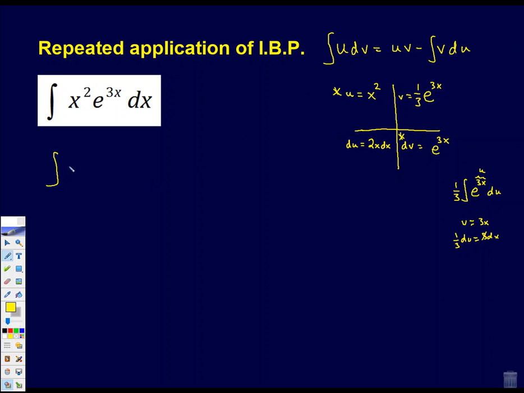So the original integrand was x squared e to the 3x dx. And now I've got my table filled out correctly, and uv would be x squared times 1/3 e to the 3x. And this time I'm just going to not put the 1/3 in the front quite yet.